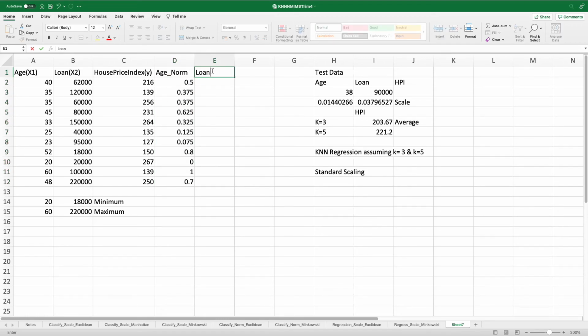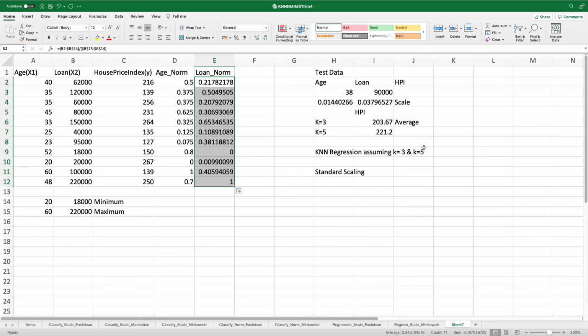Similarly, loan underscore norm is equal to open bracket x minus x min, fix it, divided by x max minus x min. So we will get the normalized values.